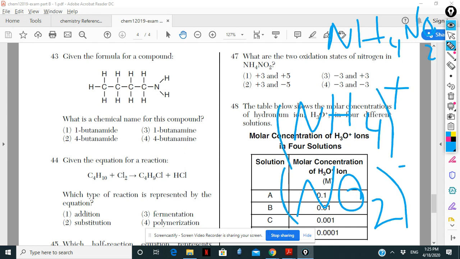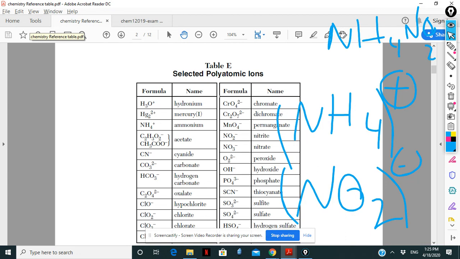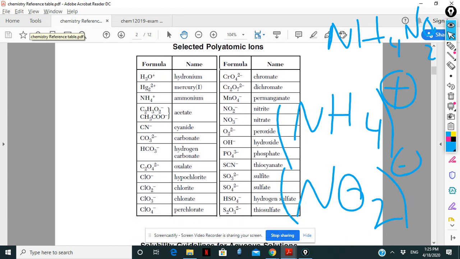So we want to determine the two numbers here. How do I know this charge? If you look at your reference sheet, page 2, you're going to find ammonium NH4 is positive one, and you're going to find nitrite NO2 is negative.